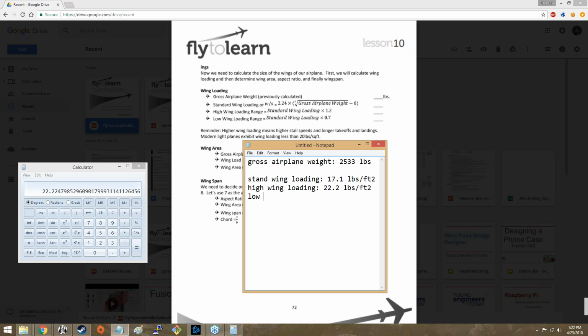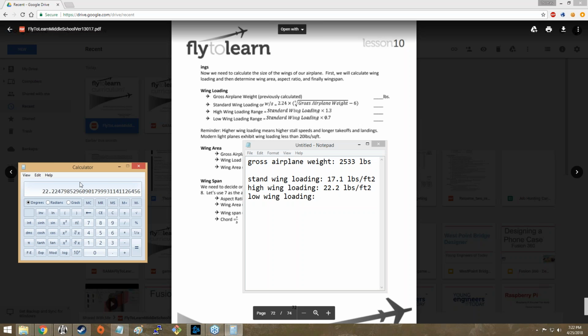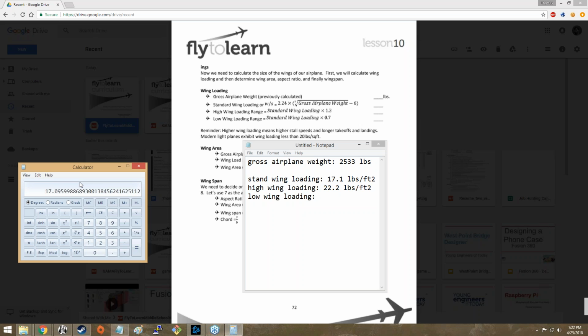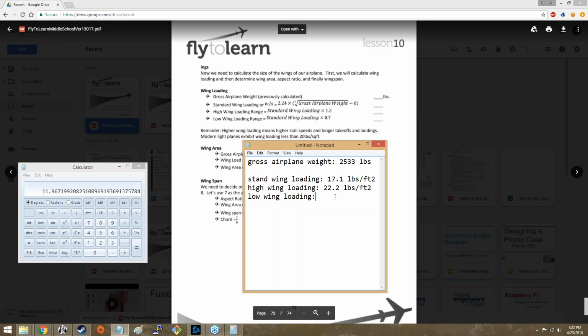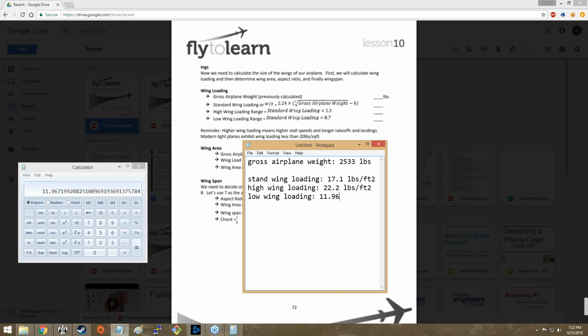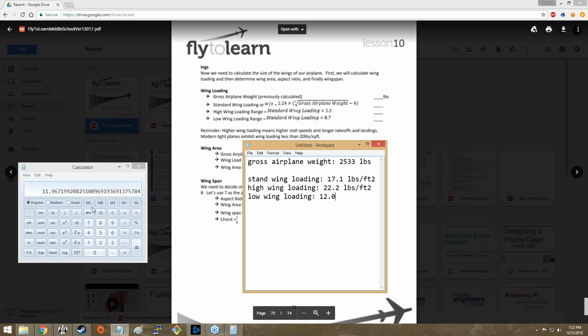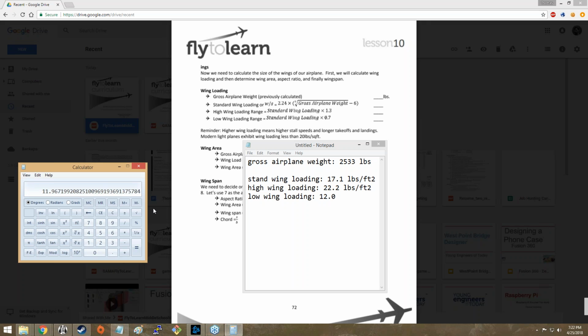And low wing loading, so let's divide it by 1.3 again to bring it back to the original value and multiply it by 0.7, which should give us a lower value. And this gives us 11.9, let's say 12.0. Do a little bit of rounding because 11.96 rounds up to 12.